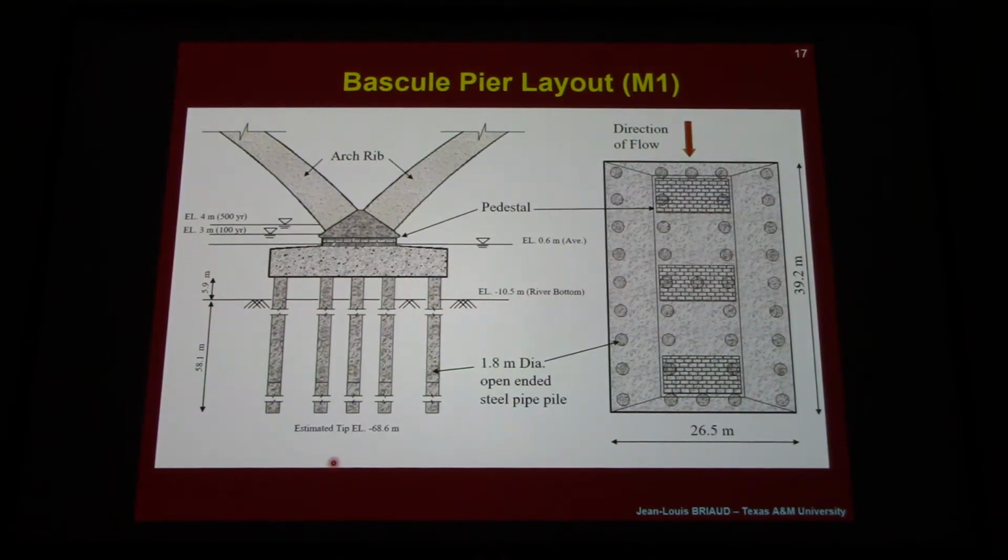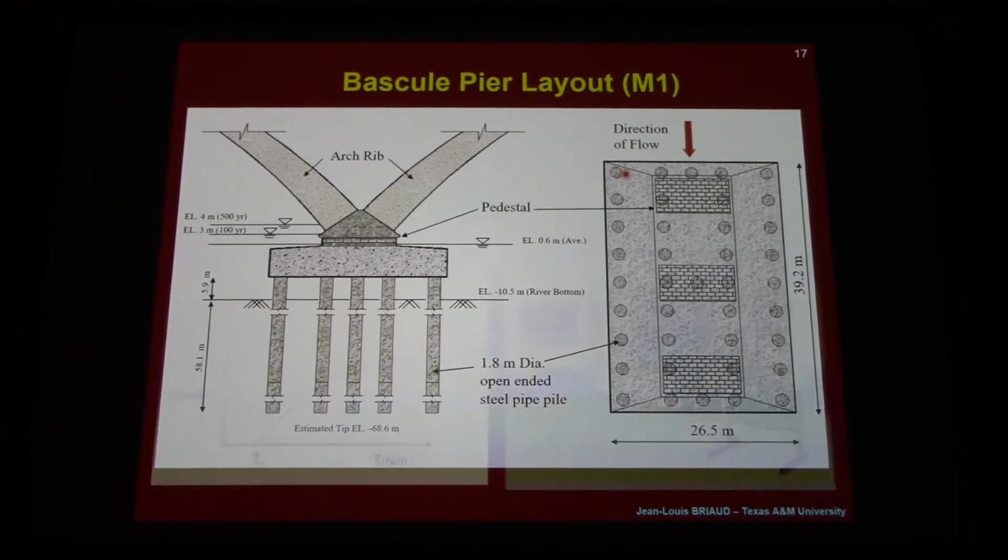Here are the bascule piers. You see the water level here, then the pile cap here, and the piles here. You can see the plan view with all the piles that are going to be driven in the river bottom to hold the bascule piers.